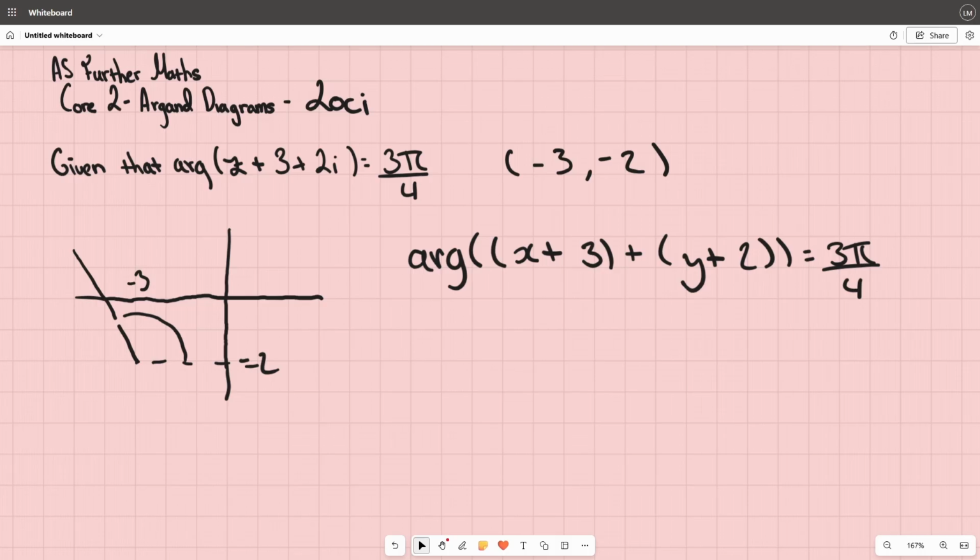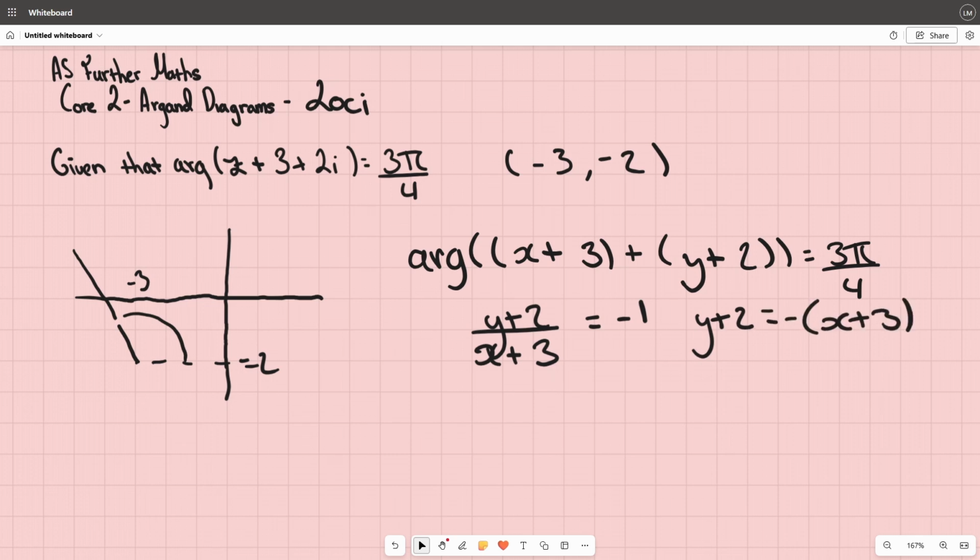So we have (y plus 2) over (x plus 3) is equal to tan 3π/4, which is equal to -1, which means that y plus 2 is equal to -(x plus 3). And that means that y is equal to -x minus 5.